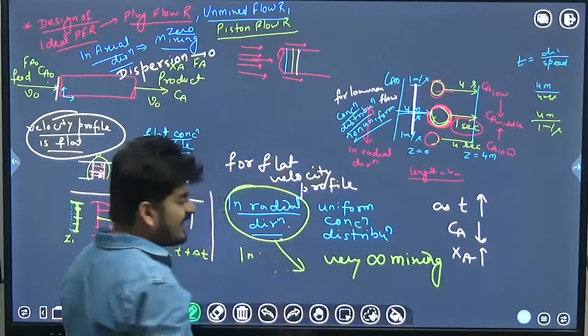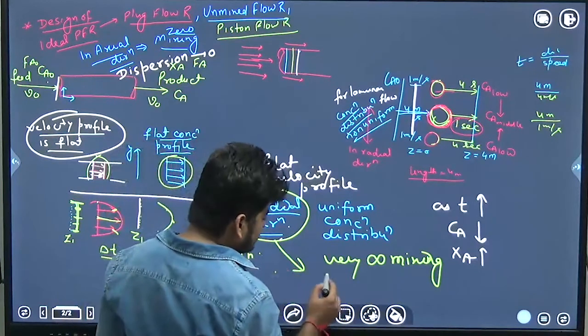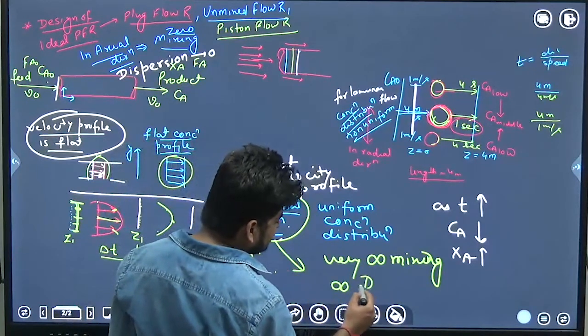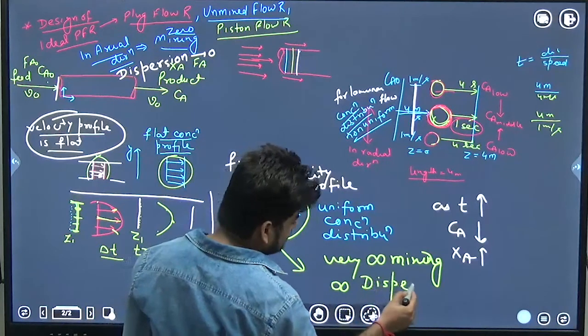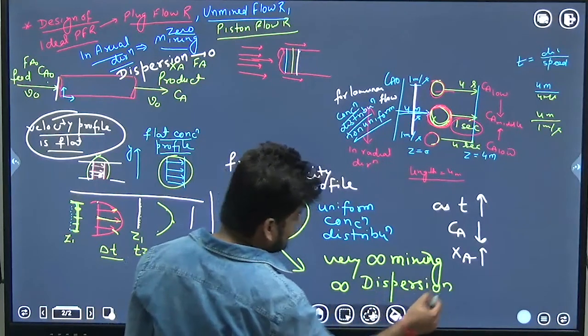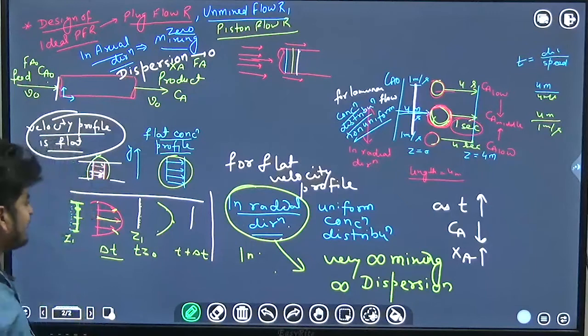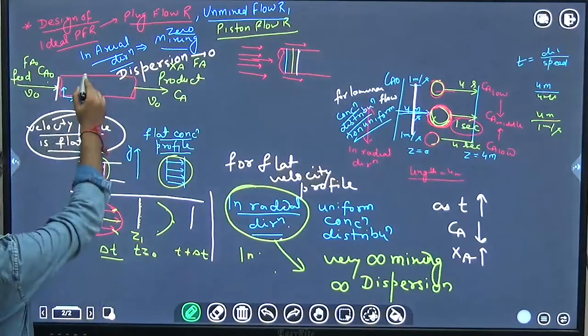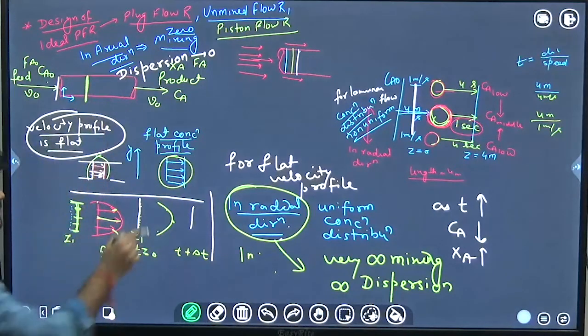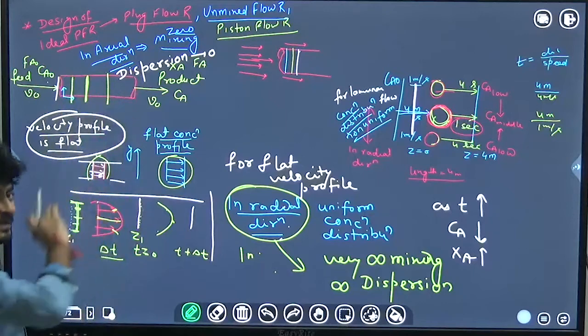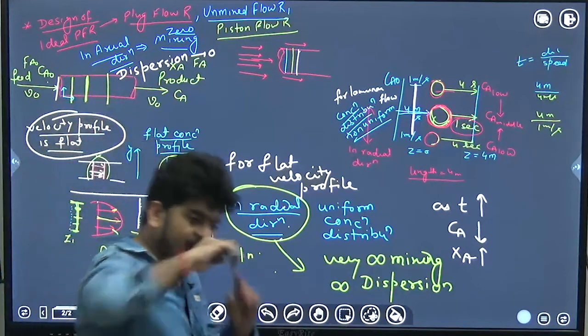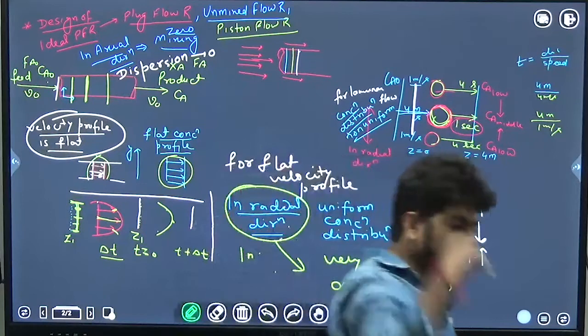And in the radial direction, if infinite mixing is there, we can say infinite dispersion. By radial direction, I mean one vertical layer. In each and every vertical layer, in that radial direction.